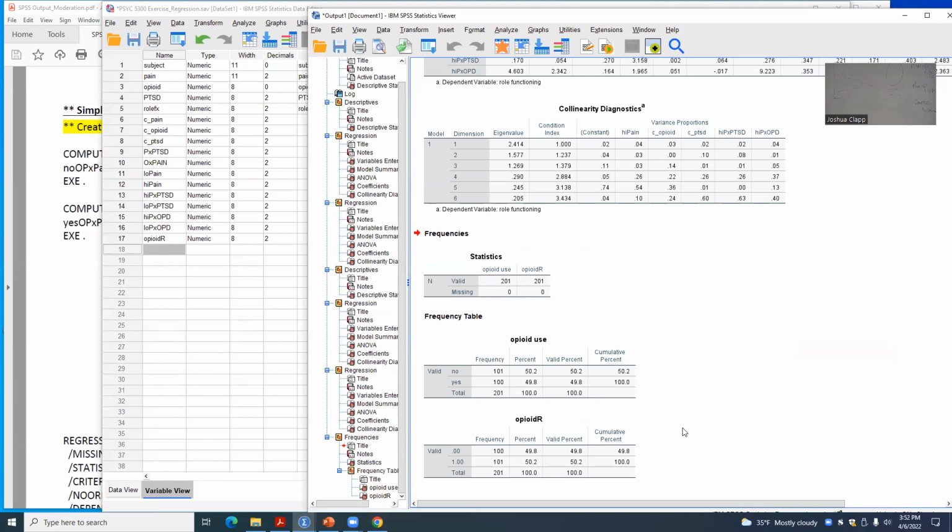So what am I going to do? How am I going to construct my model to test the simple slopes of the conditional effect of pain on role functioning for individuals who are and who are not using opiates? Thinking about how these models are put together, how am I going to achieve that?